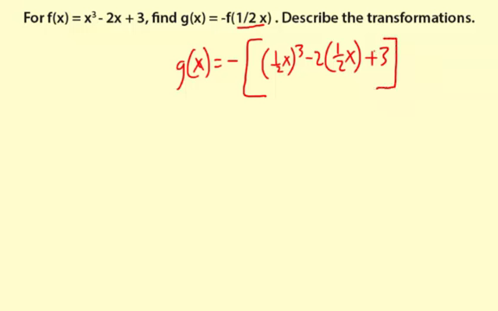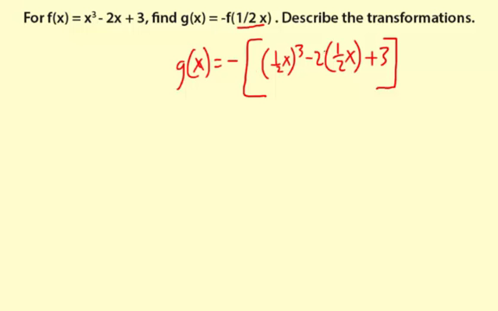And the 3 doesn't change because there's no x in that term. So all I did is input this 1/2 x into each of the x's in the f of x function, and that makes the g of x. And then the negative sign, of course, out in front.